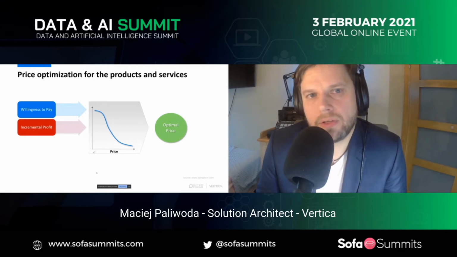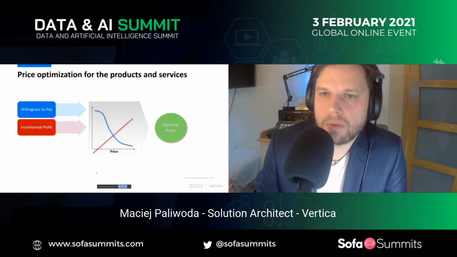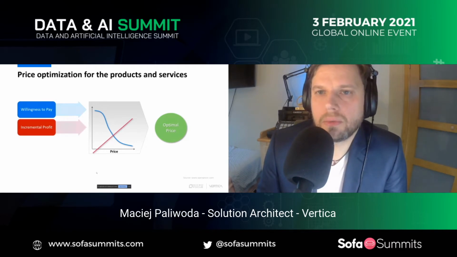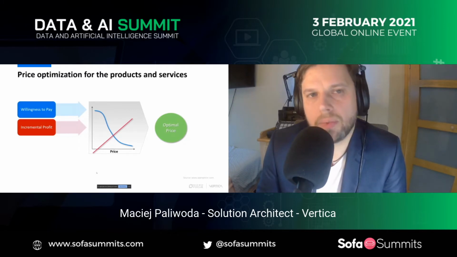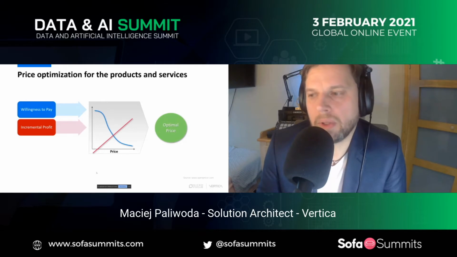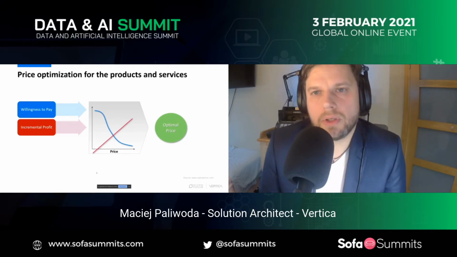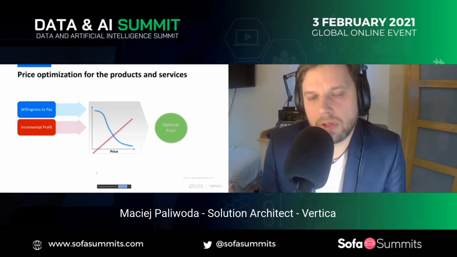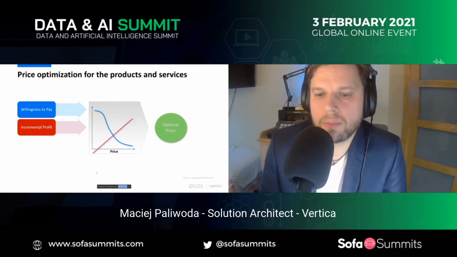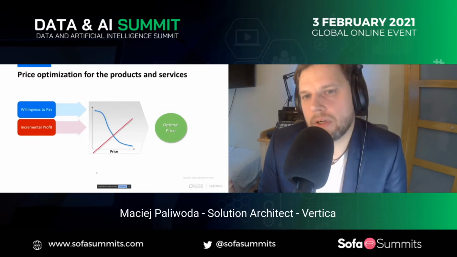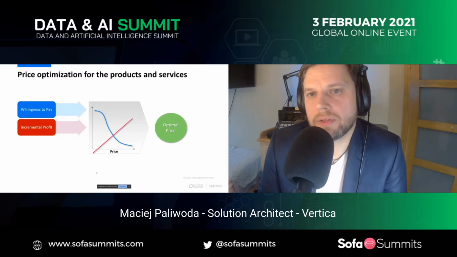The next area is incremental profit, because the company wants to make money, and it has fixed costs related to producing or delivering the service or making the goods, like fixed cost of production and margins. Under a certain price, the profit is negative.